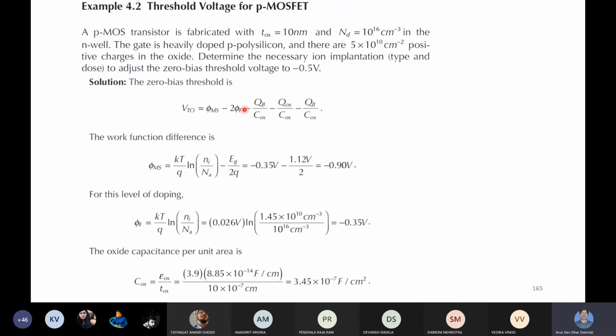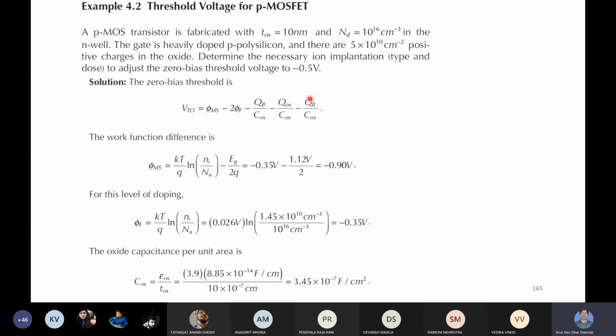If it is done, then all these four terms we already use, but there is also a threshold voltage adjustment term, the voltage due to the implanted charges. So Q means the charge due to ion implantation.